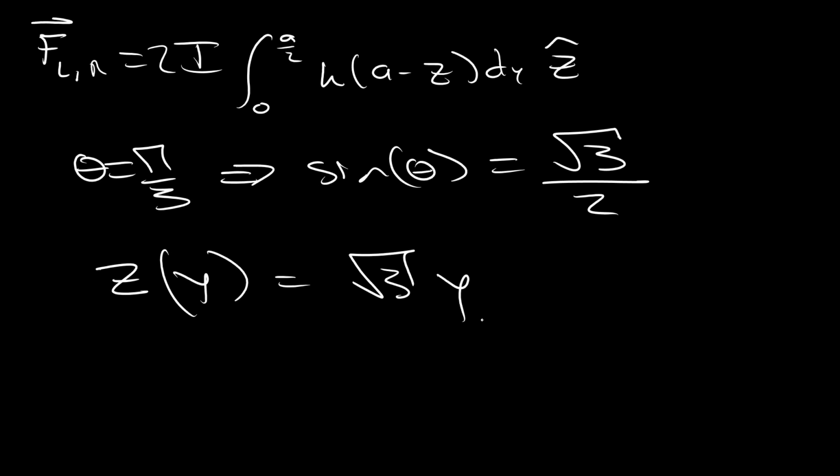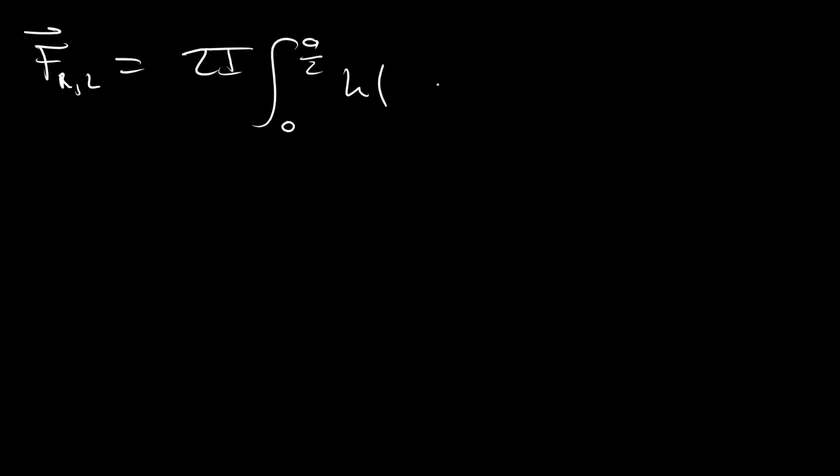So we have the force from the right and the left is equal to 2I times the integral on bounds 0 to a per 2 times k, a minus root 3 y dy z hat.